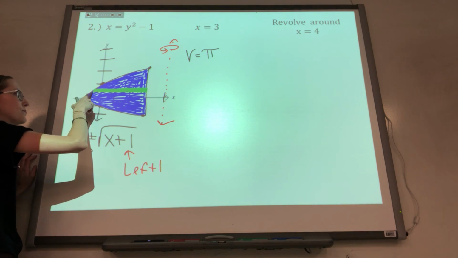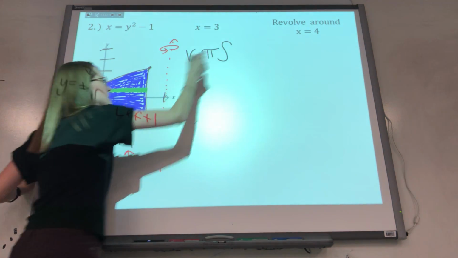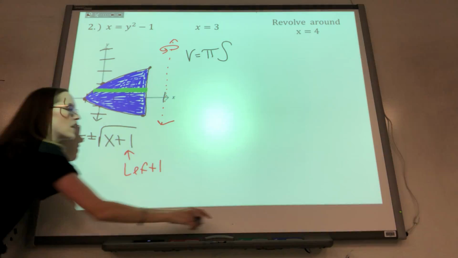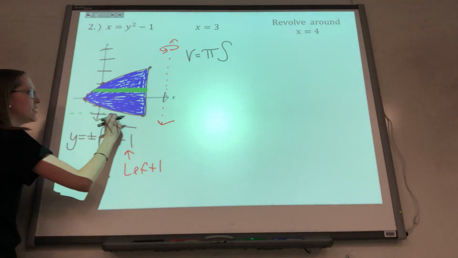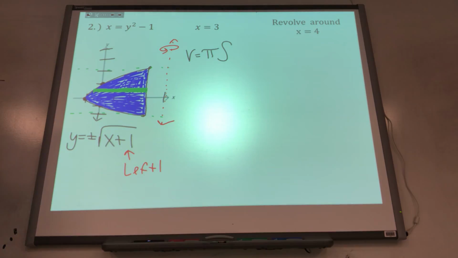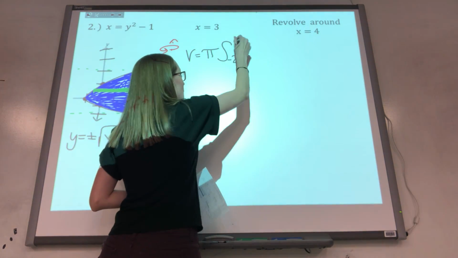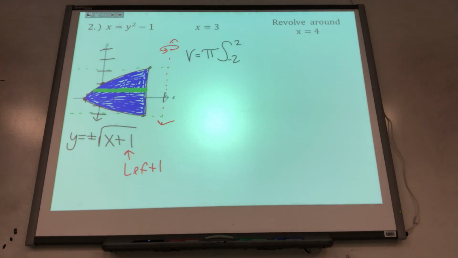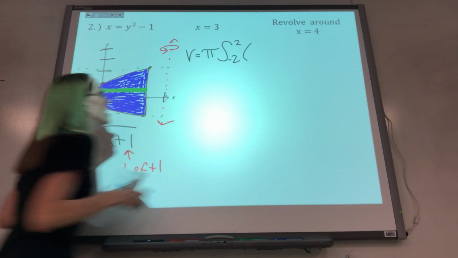Okay, now I'm integrating with respect to y, so lowest y value and highest y value. Kind of a bummer that it's not 0, but we'll have to integrate from -2 to +2. And here we go.